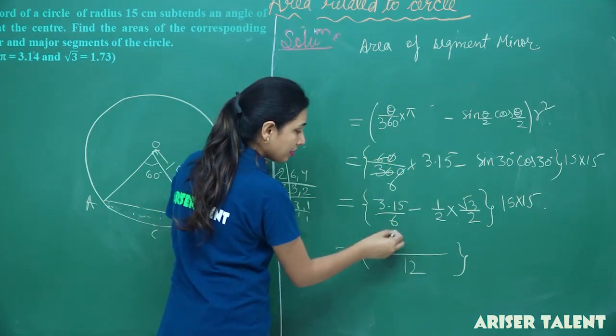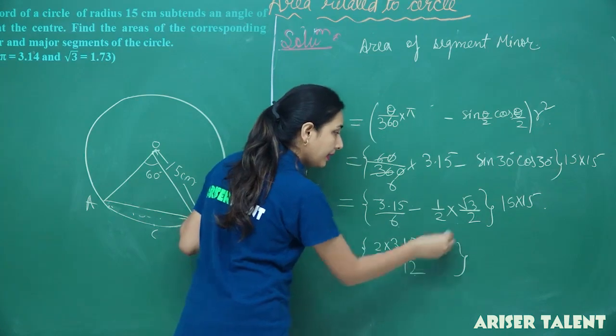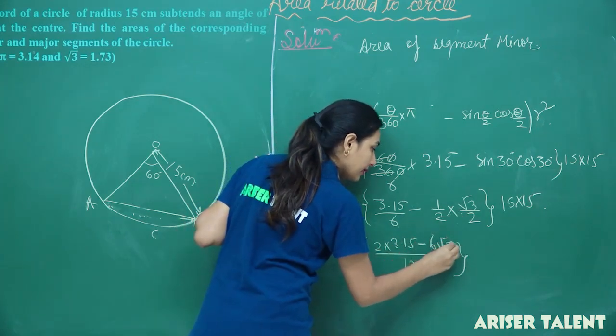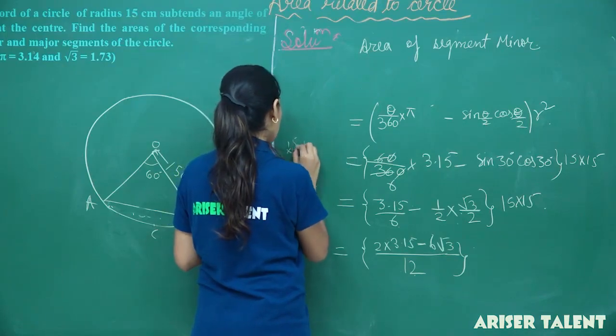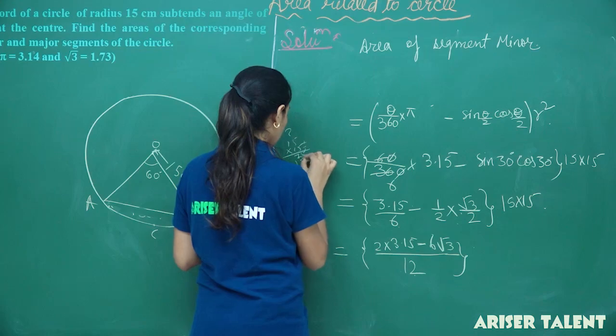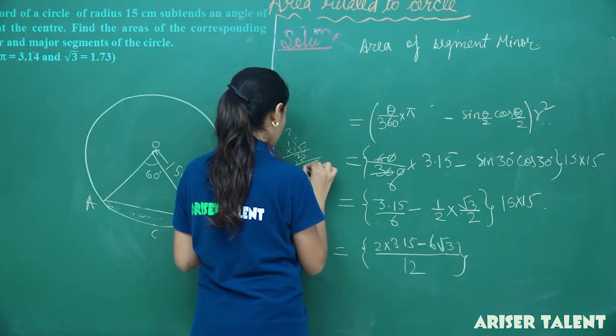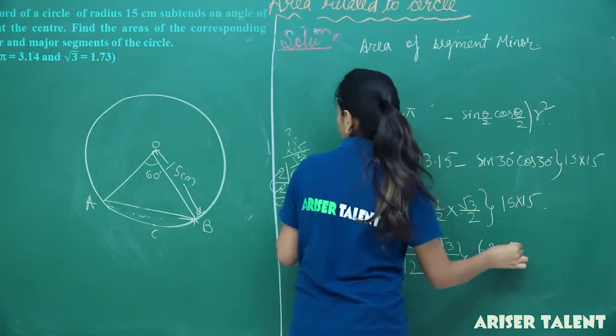Now 2 multiplied by 3.14 by 6 root 3 minus 6 root 3, isn't it? And 15 multiplied by 15. So that will be what? 225, right?